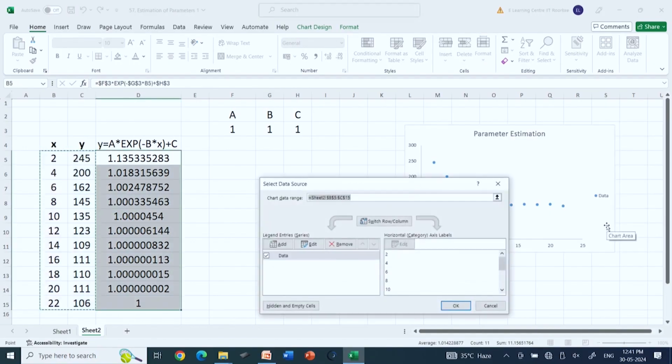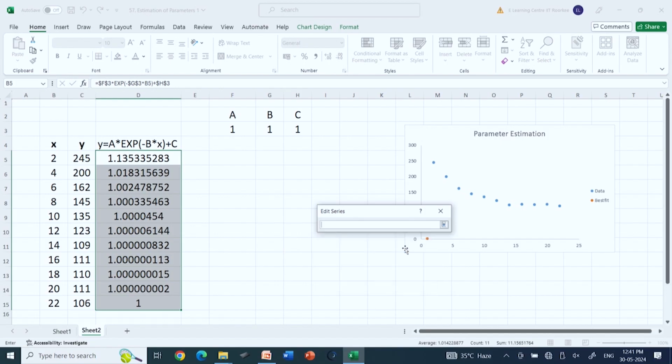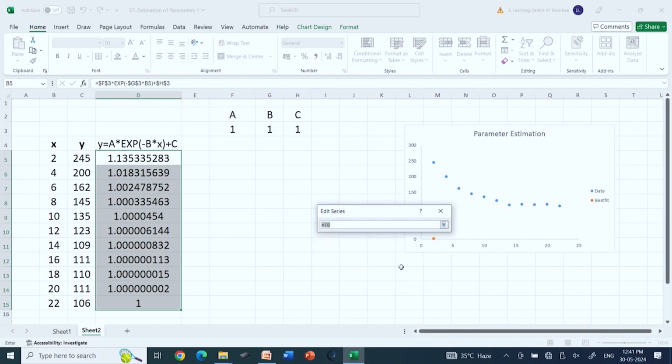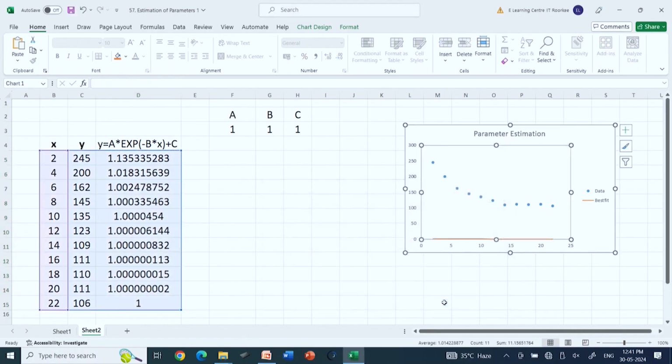You select data, you go to add, you give a name, I put it best fit, get the x values, which is these values, and get the y values, which is these values, and okay. The one which you get here is reasonably bad, but don't panic.